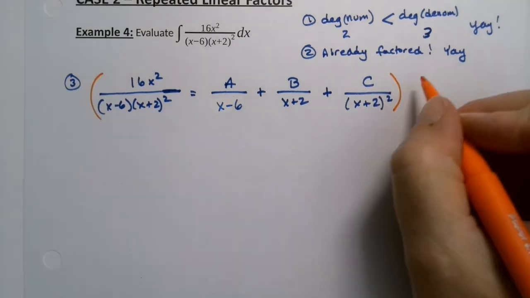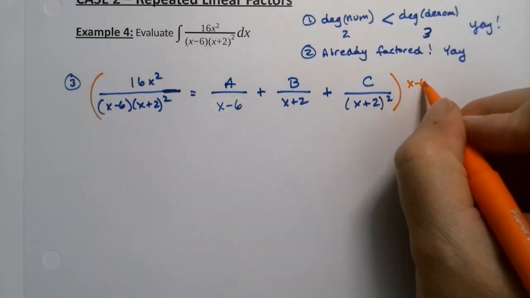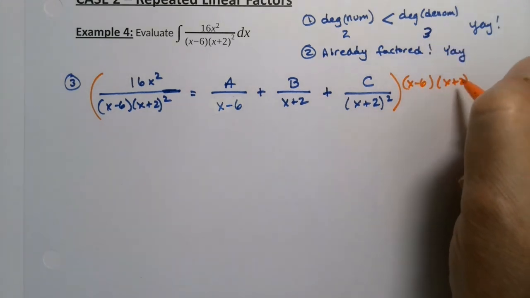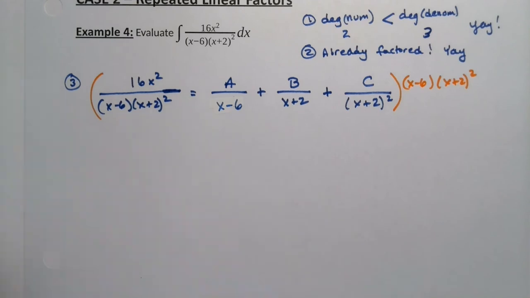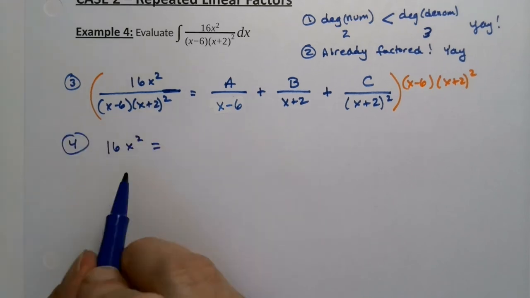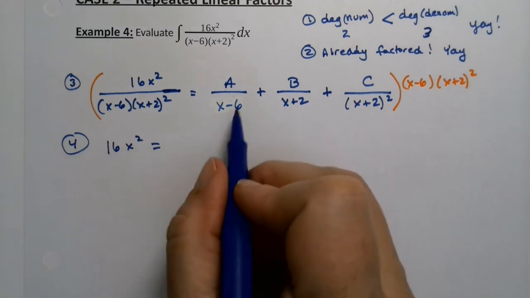Step 4, I need to multiply everything by the common denominator, which is the denominator over here. So x minus 6 times x plus 2 squared. That will lead me to, over here, 16x squared. Good, that's what we want, no fraction.